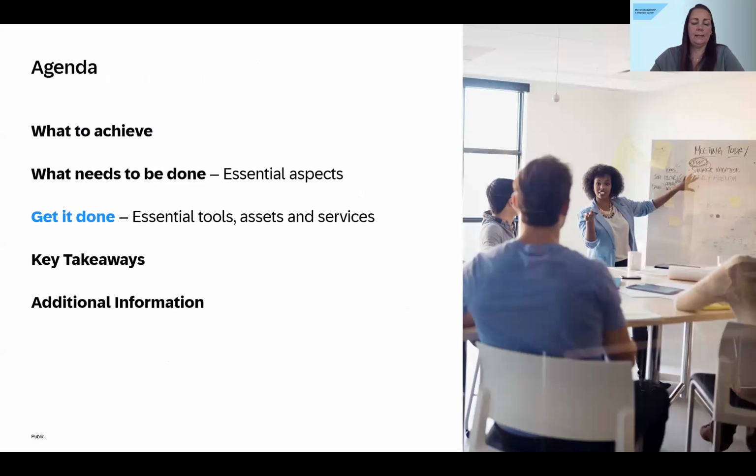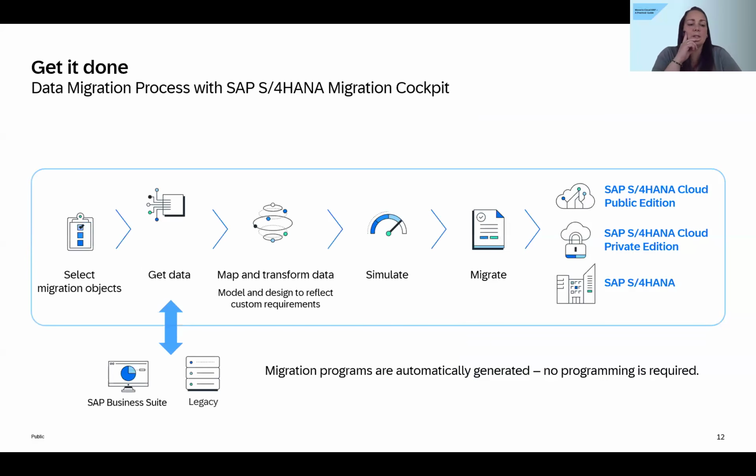Okay, let's have a closer look at the process. As already mentioned, we have a guided procedure. This means we start with the what, and this means select the migration object you use. Maybe your business unit, Finance Controlling, says, I need cost centers, profit centers, and projects or whatever.